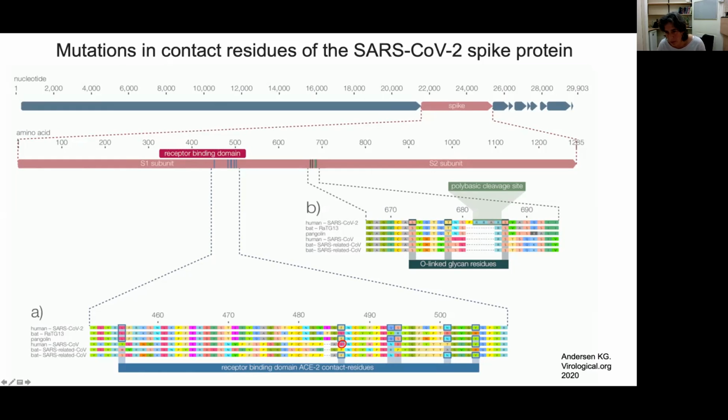Even if somebody would insert this polybasic cleavage site, you would probably not have thought of inserting this proline as well. The glycans are thought to protect the virus from the immune system in some manner, to mask some epitopes.